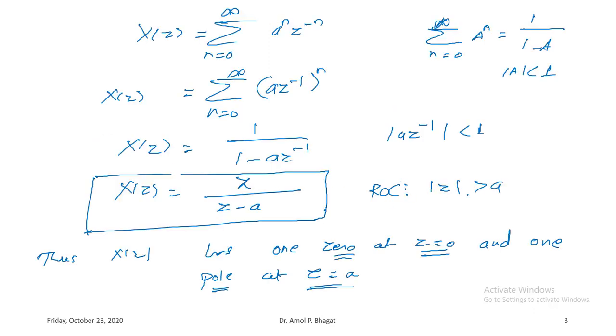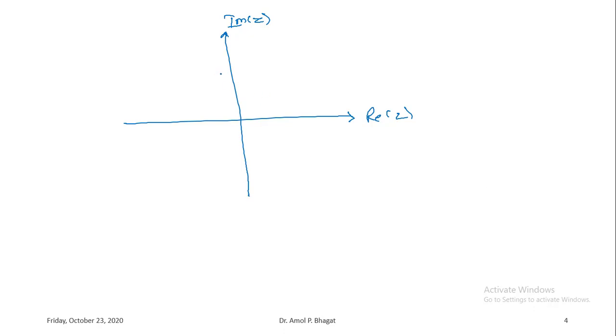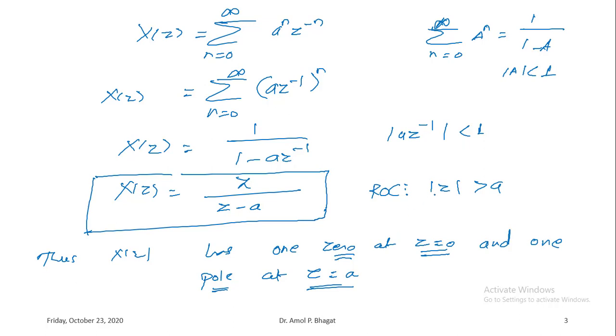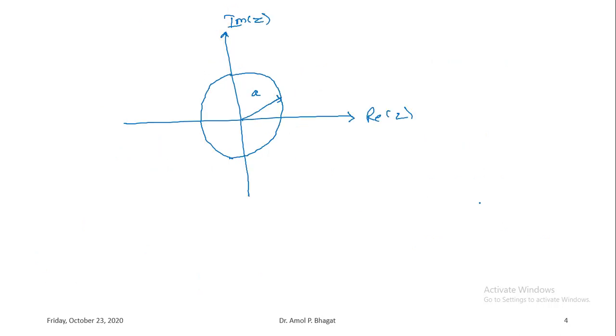Here the ROC is mod z greater than a, so you will draw one circle. What you have to draw? One circle with radius small a. So I have drawn one circle with radius small a and the ROC is exterior to that circle.